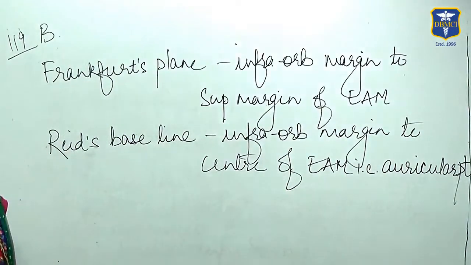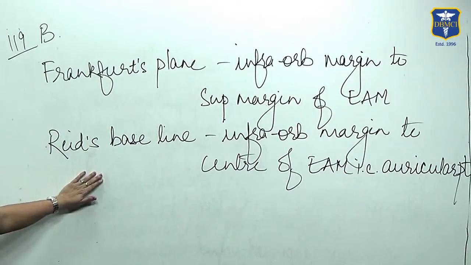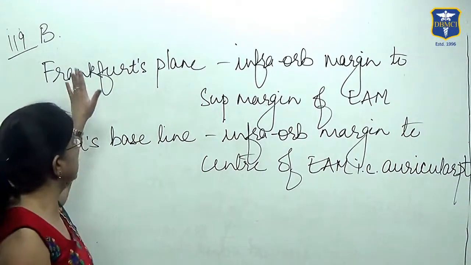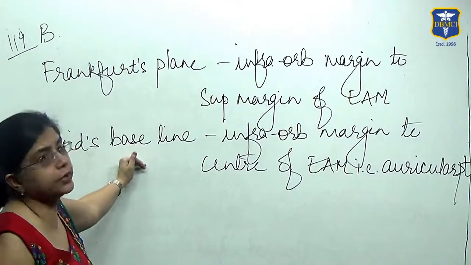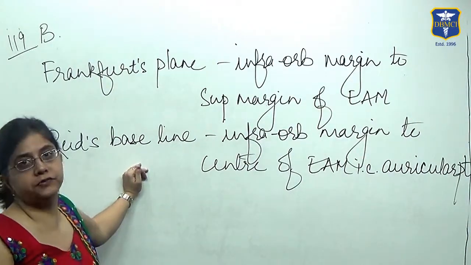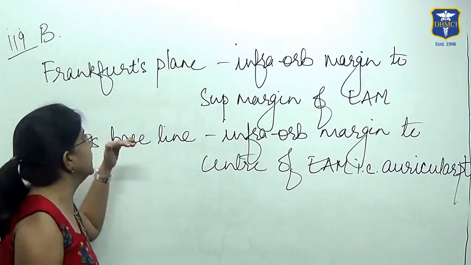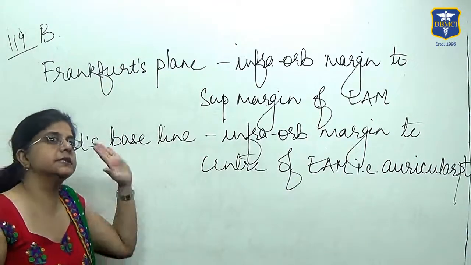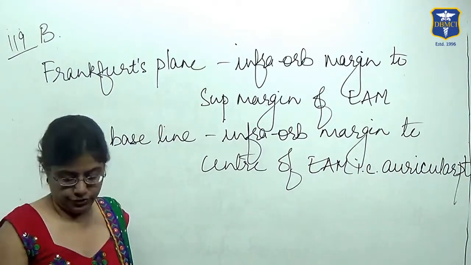We can place the skull in the anatomical position by taking into consideration any one of these planes. If this plane is horizontal, that means the skull is in the anatomical position.